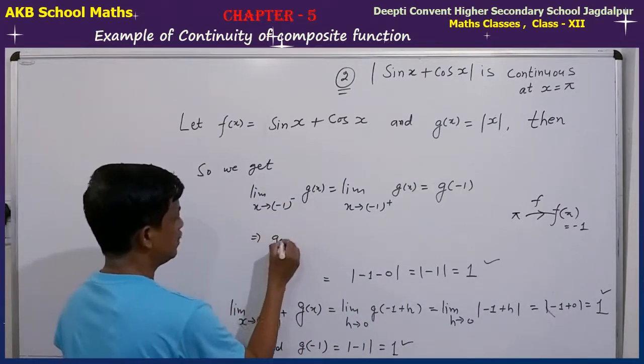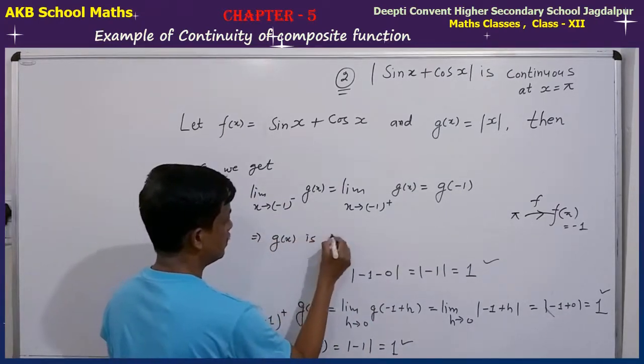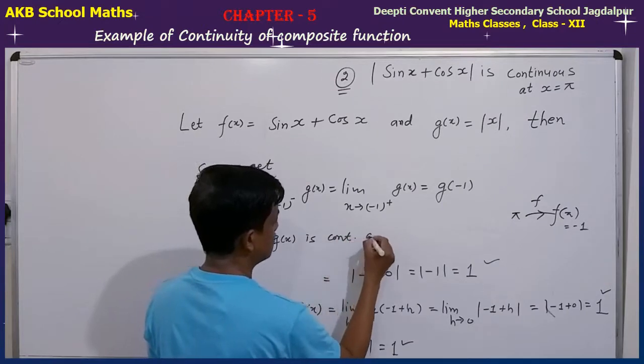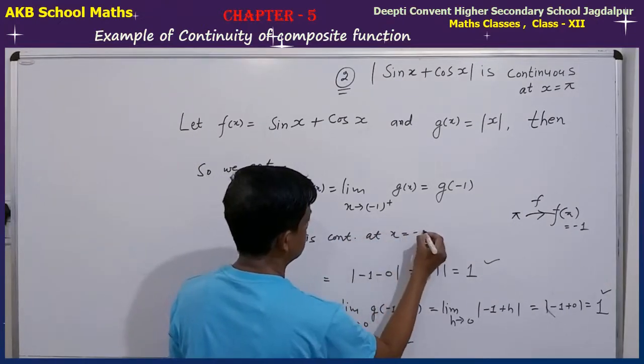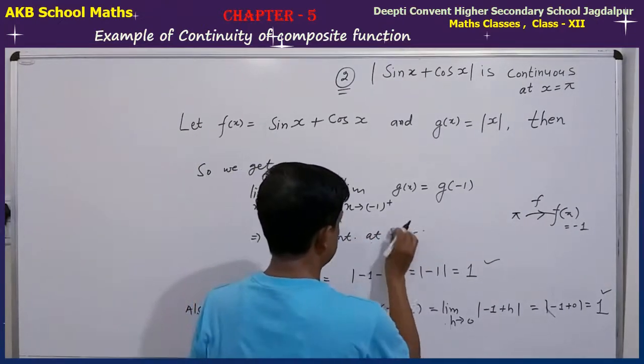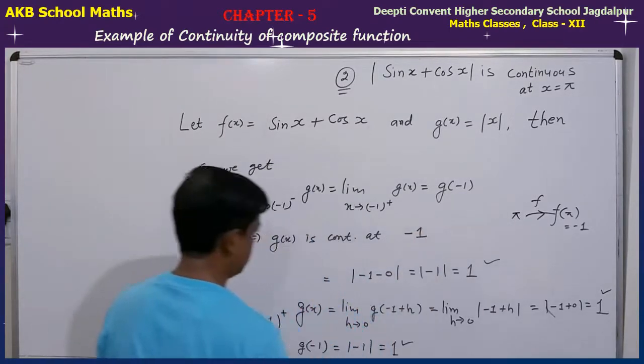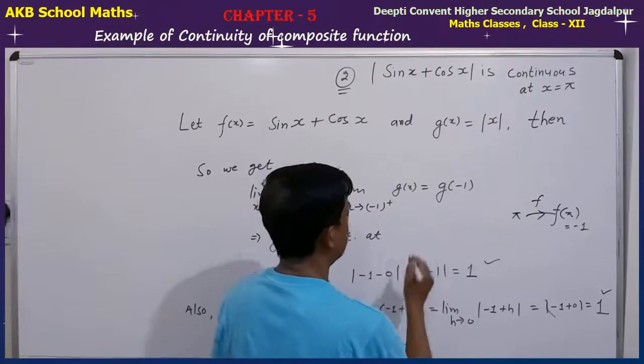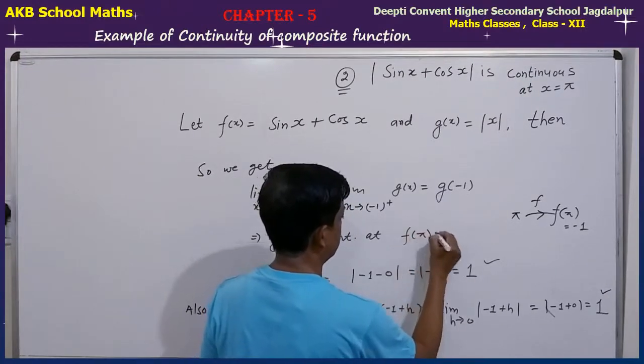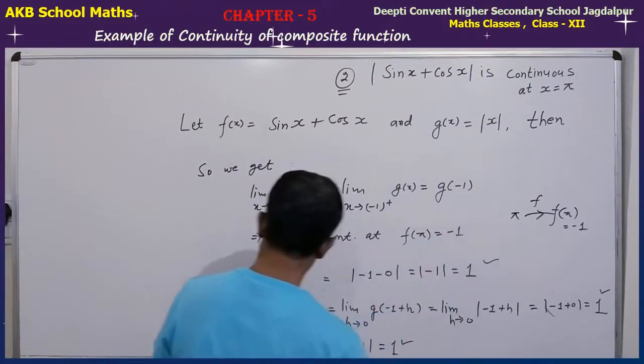Implies g(x) is continuous at x equals -1, that is, at f(π) equals -1.